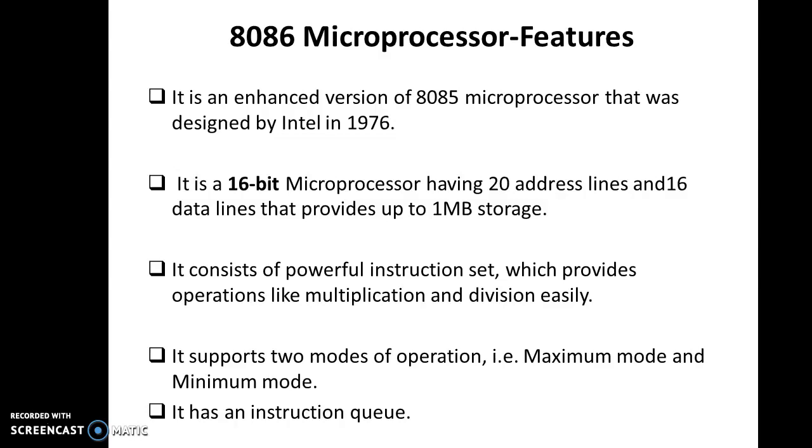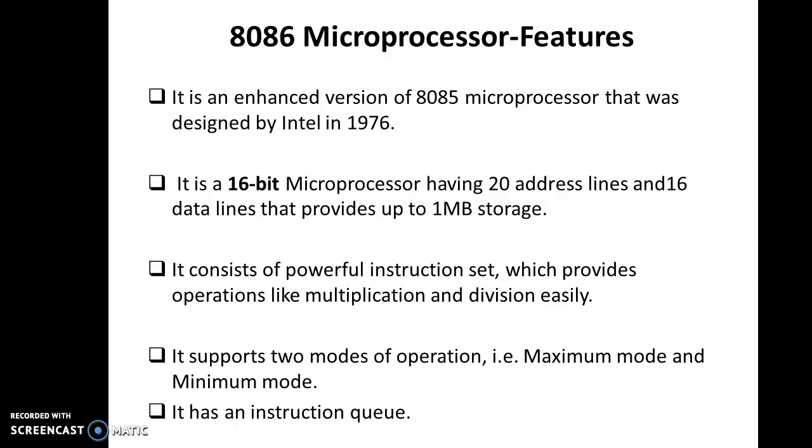Features of this microprocessor are: it is an enhanced version of 8085 microprocessor that was designed by Intel in 1976. It is a 16-bit microprocessor having 20 address lines and 16 data lines that provides up to 1 MB of storage.